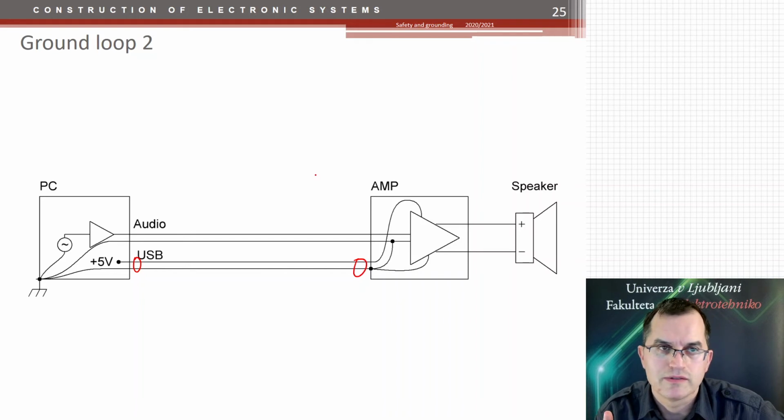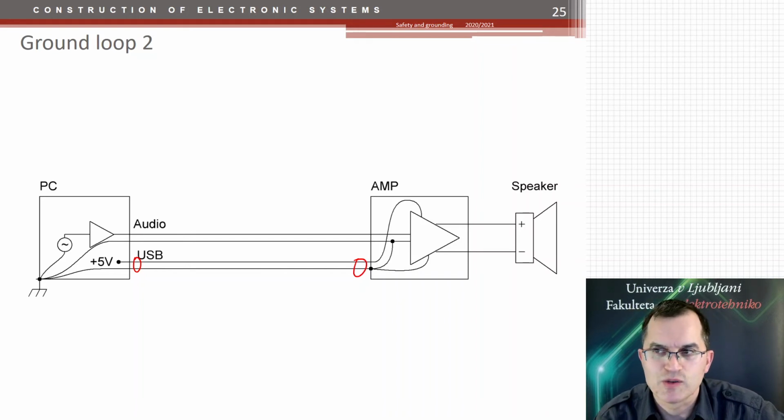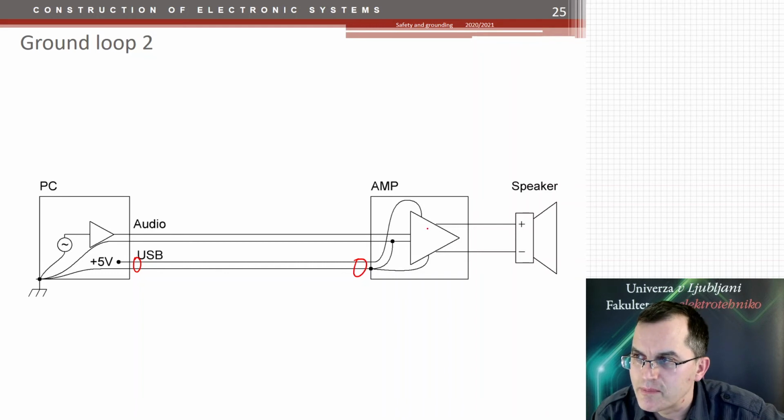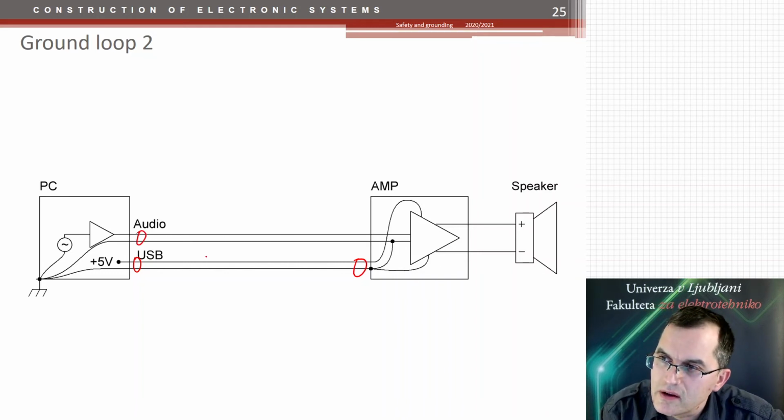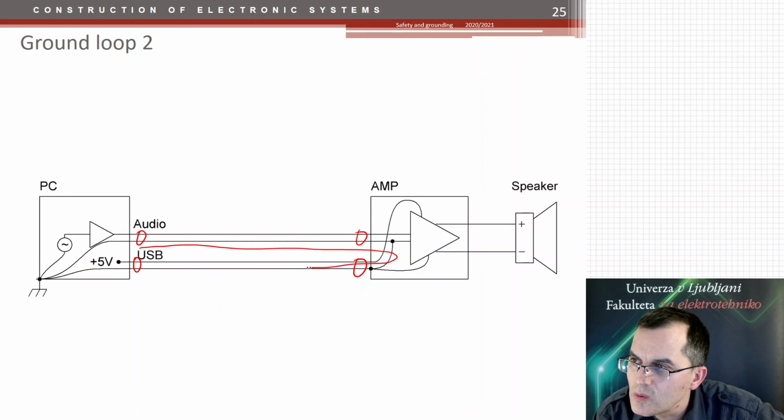It's not Bluetooth. Bluetooth would be much easier to handle here because you would not have a ground loop. So you have a power supply with USB, you are charging your amplifier, here are some batteries as well, which I didn't draw, and the audio cable here. And you have a ground loop as well, now between these two wires here.